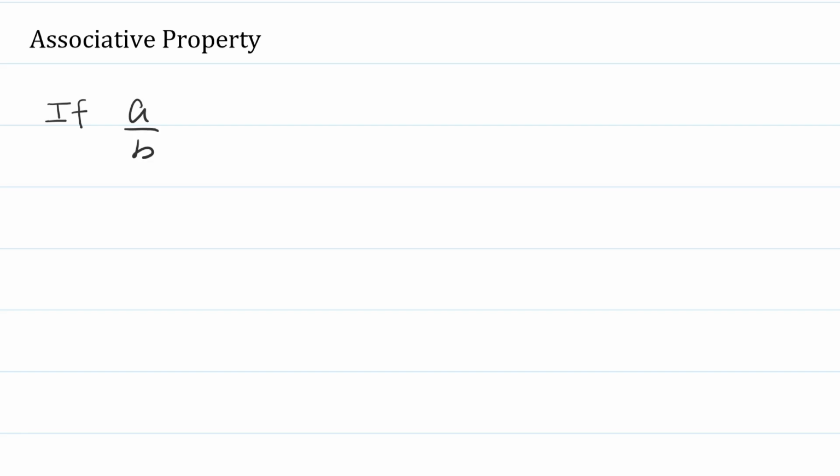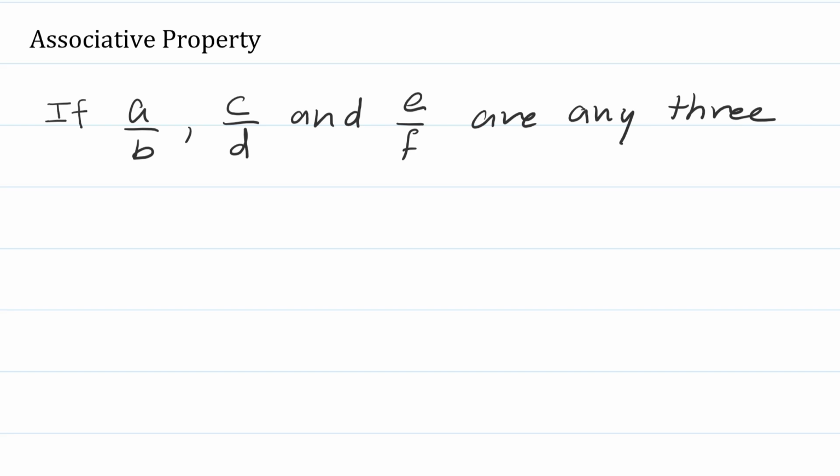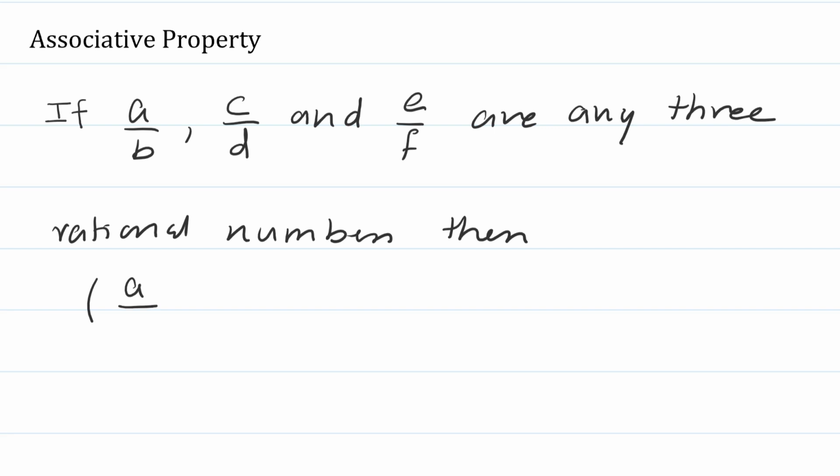If A upon B, C upon D, and E upon F are any three rational numbers, then A upon B plus C upon D, bracket close, plus E upon F.